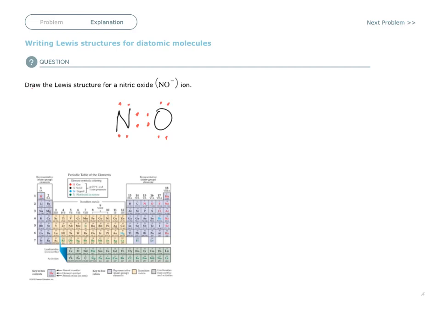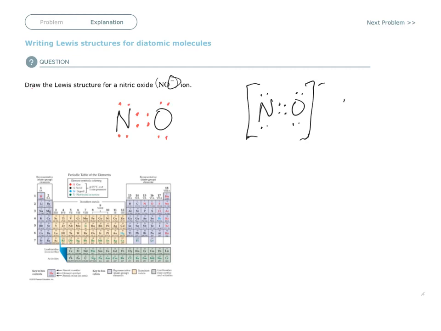And remember, you could replace the double dots with a line, and you're also going to need to show that it's an ion. I'll give you the two possibilities. You're going to have nitrogen with 1, 2, 3, 4 dots, oxygen with 1, 2, 3, 4 dots, and then the whole thing is negative, because this is an ion with a negative charge. That's one possibility.